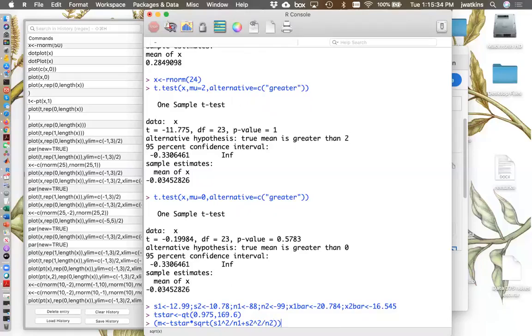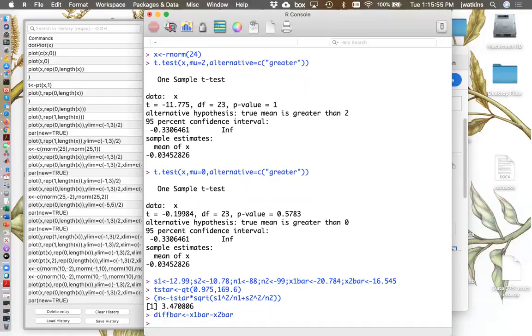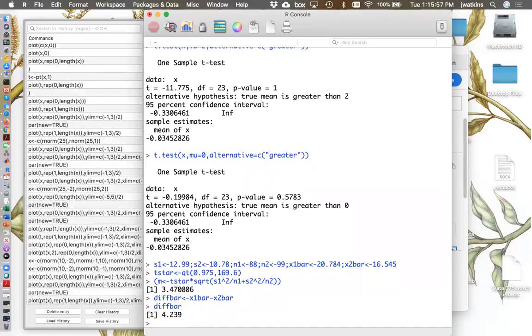Let's hope for the best. So 3.5, and then I'll look at the mean diff. I'll call it diff bar. It is X1 bar minus X2 bar. So 4 days. So it looks like I may get it.